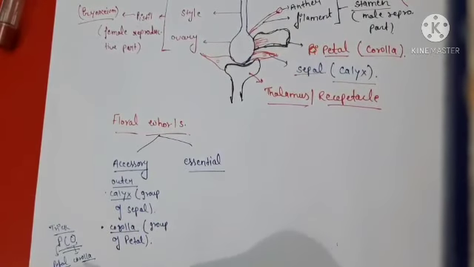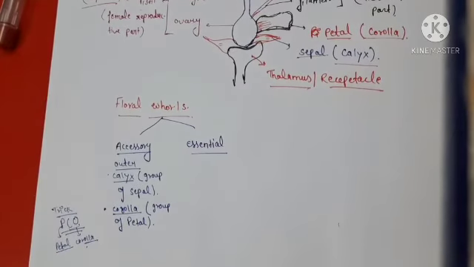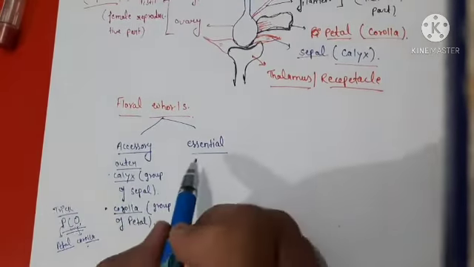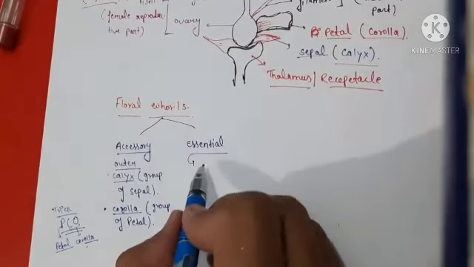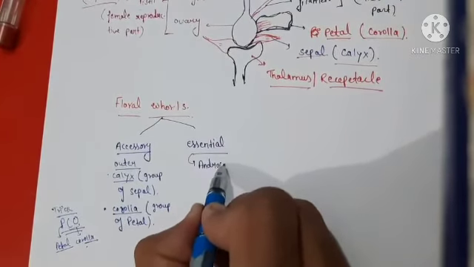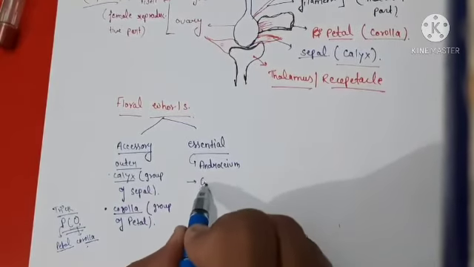So a group of petals is called corolla. Okay. So these calyx and corolla are called accessory whorls, and the two essential whorls are the male reproductive part called androecium and the female reproductive part called gynoecium.